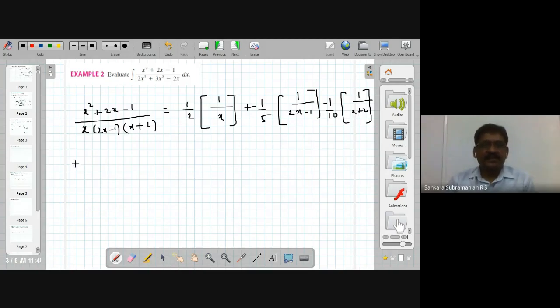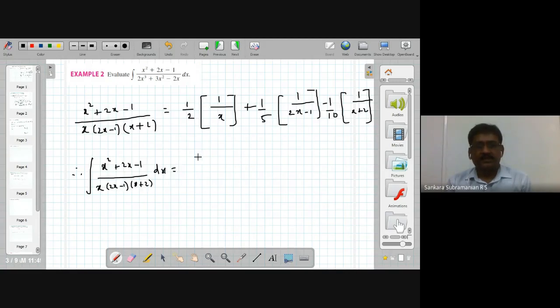Let us go for the integration. So the integral of the left hand side, x square plus 2x minus 1 by x into 2x minus 1 into x plus 2 dx, is 1 by 2 times log of x plus 1 by 2 times log of 2x minus 1.